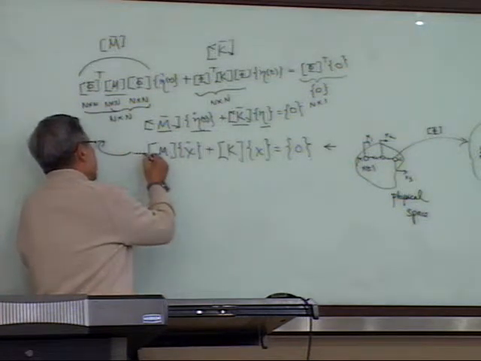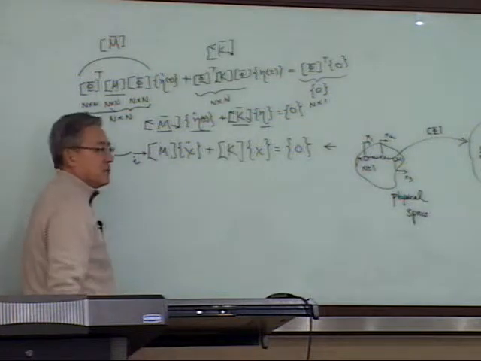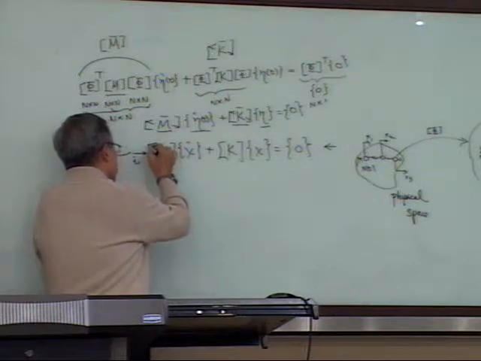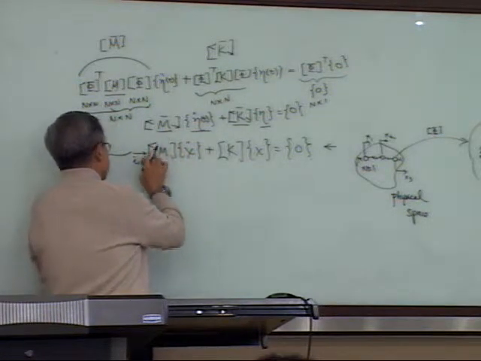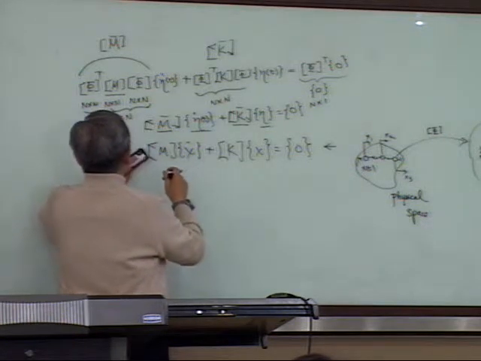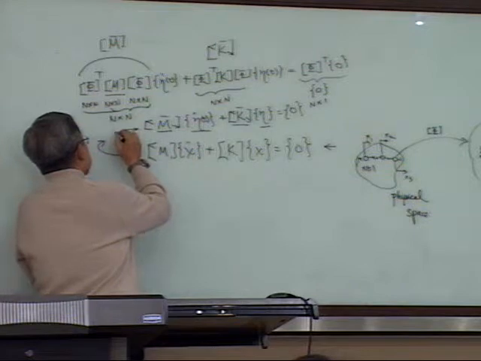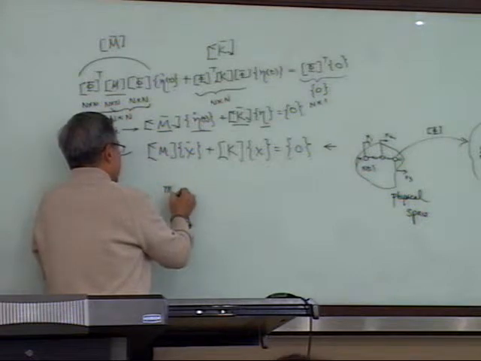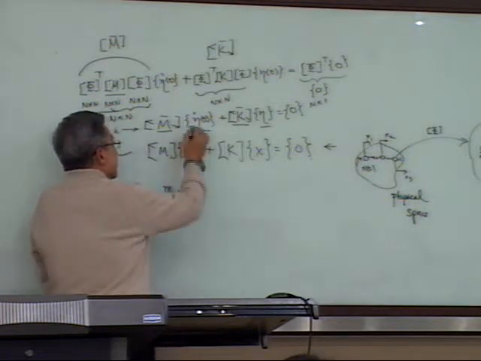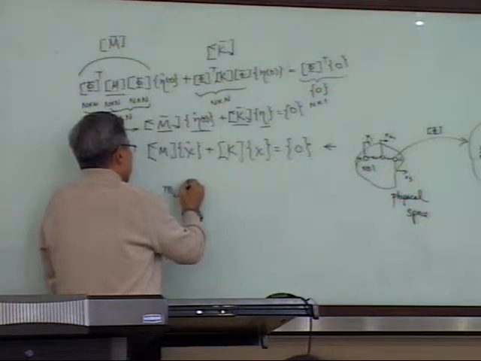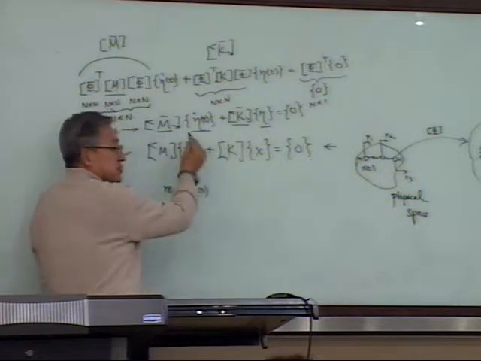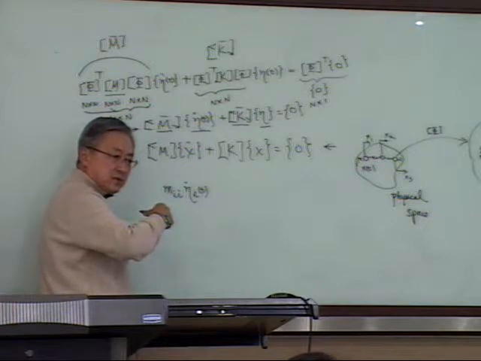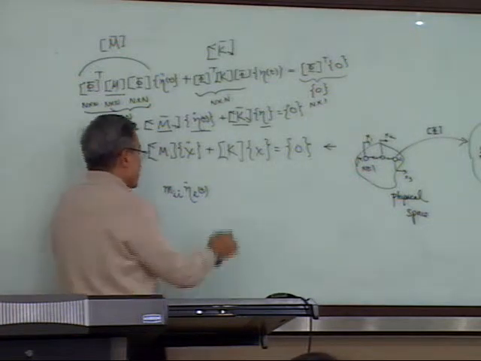So here, if I take the ith row, just the ith row, I'm rewriting the matrix notation into one particular row, called the ith row.